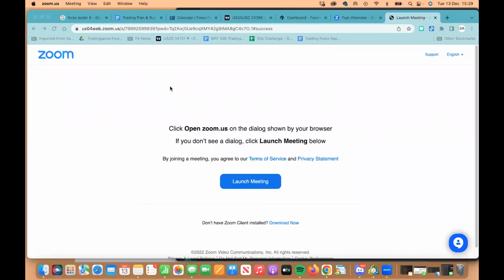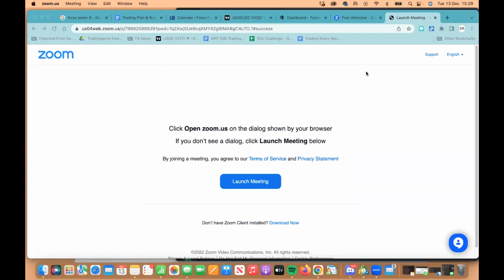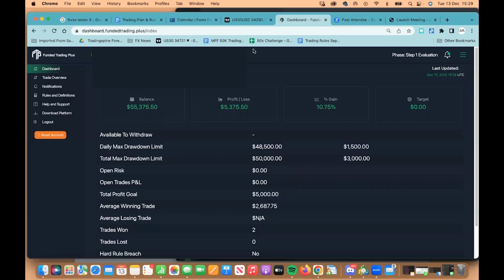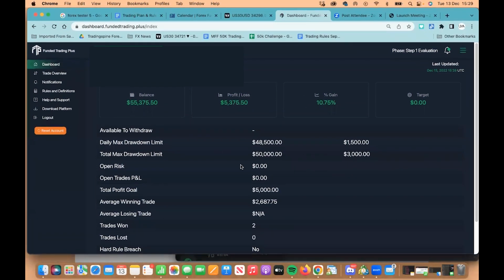So guys, I just got an email from Funded Trading. Is it Funding Trading? Funding Trading Plus. I think it was just a bit of a lag, but I just got the confirmation that I have passed.